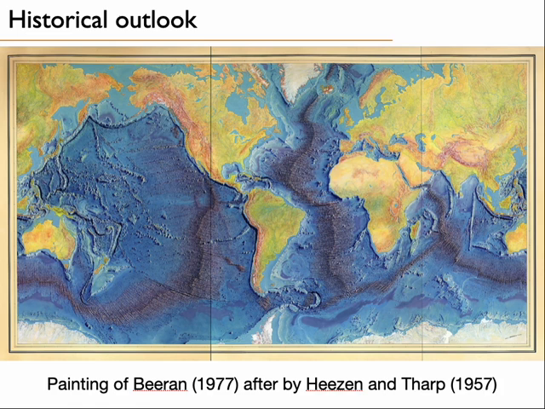So that's a painting here by Berann, made after the map which was constructed by Heezen and Tharp, and that's a very popular picture because it's one of the first representations of the bathymetry and topography of the Earth all together. You can see very prominent features on the map.